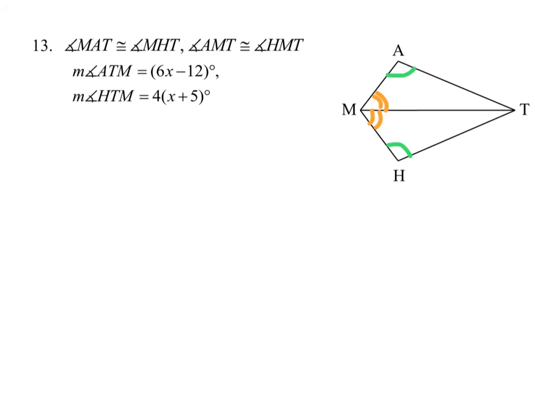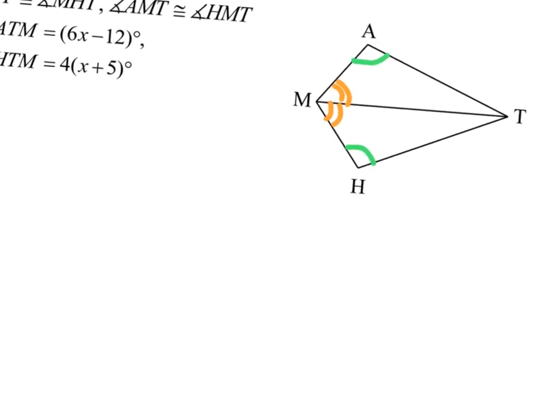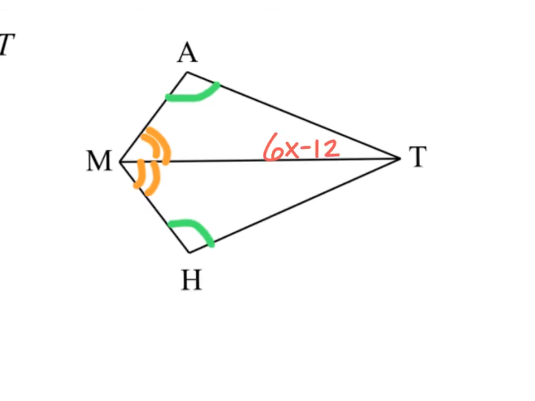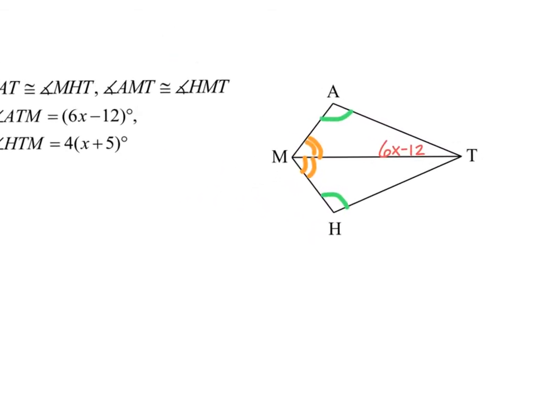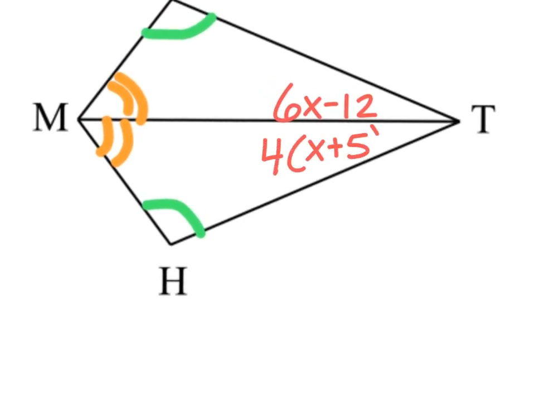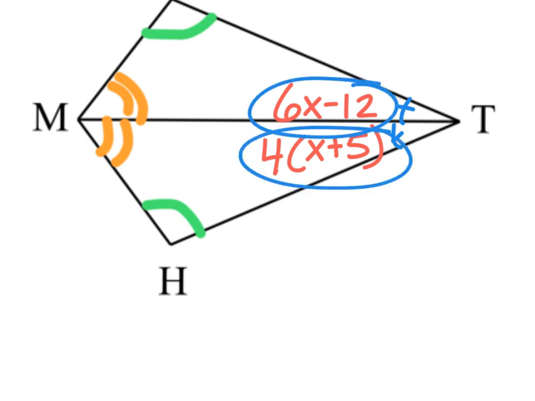And then it gives me that ATM is 6x minus 12. And it gives me that HTM is 4 parentheses x plus 5. Okay, so here's the key. Because of the third angles theorem, the third angle is congruent to the third angle, which means I simply set these equal and solve.